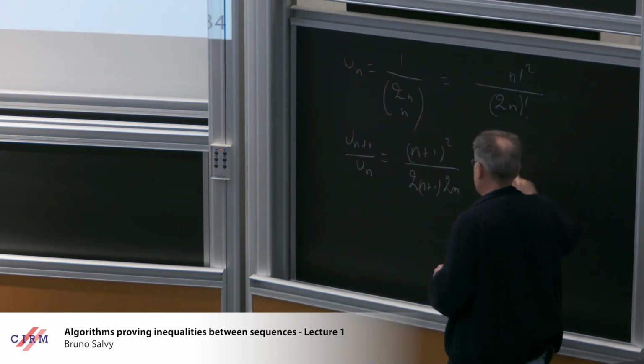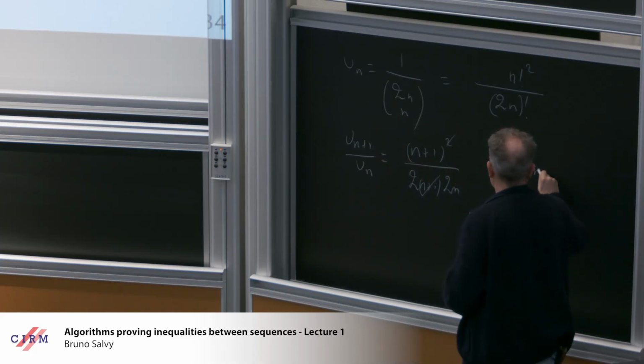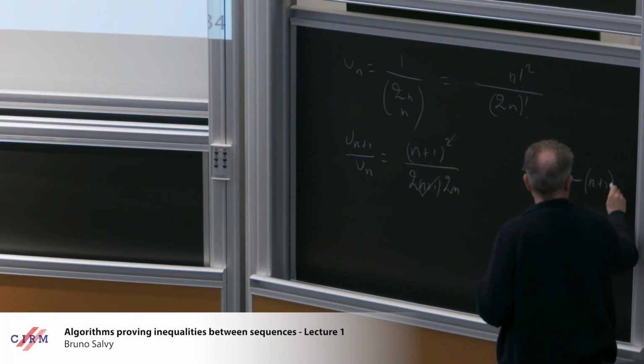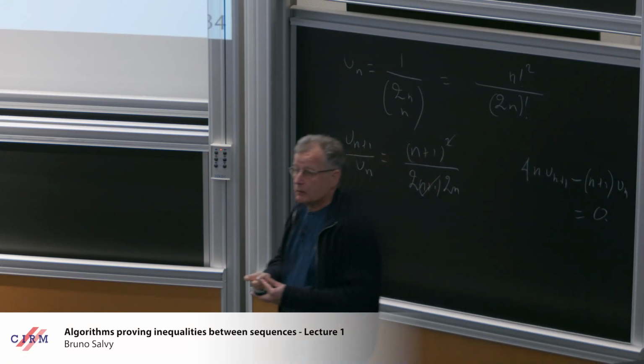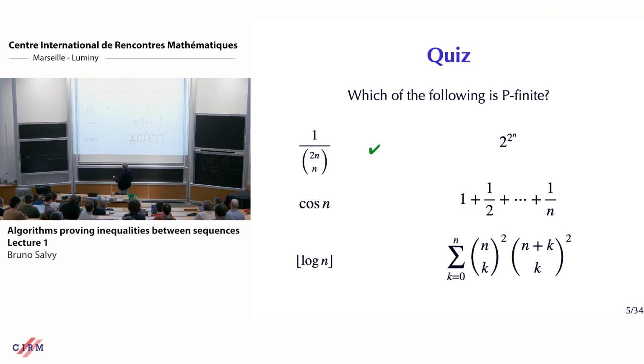So I have that 4n u_{n+1} minus (n+1) u_n is 0. Okay? So P-finite. P-finite. Next.